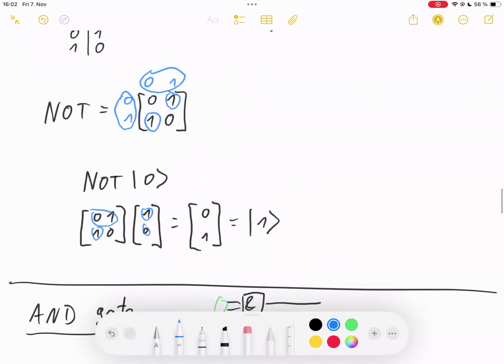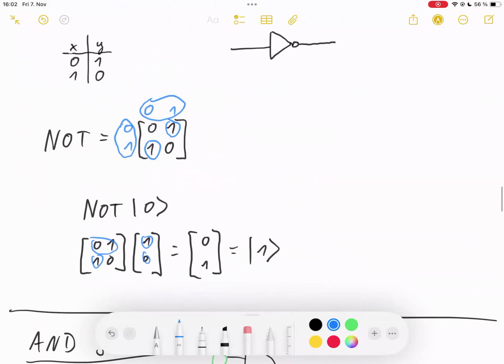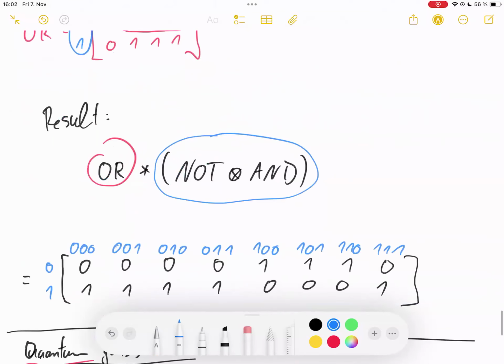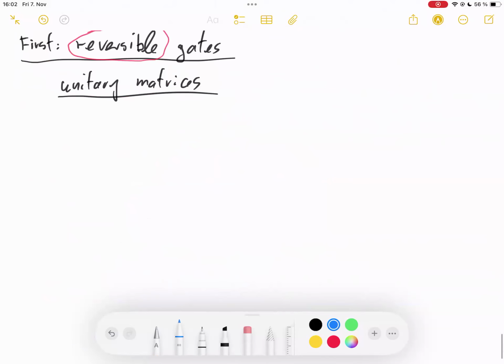But the NOT gate, in fact, is represented by a unitary matrix. We'll see more unitary matrices as we go. The NOT gate is maybe not even the simplest unitary matrix. The identity matrix is probably the simplest unitary matrix we could think about.